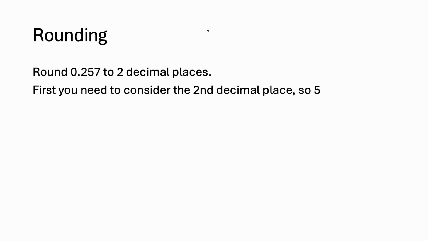So if we look at 0.257, this 2 is the first decimal place, the 5 is the second decimal place, and the 7 is the third decimal place. But because the question is asking us to round to 2 decimal places, we are only concerned with the second decimal place, which is 5.